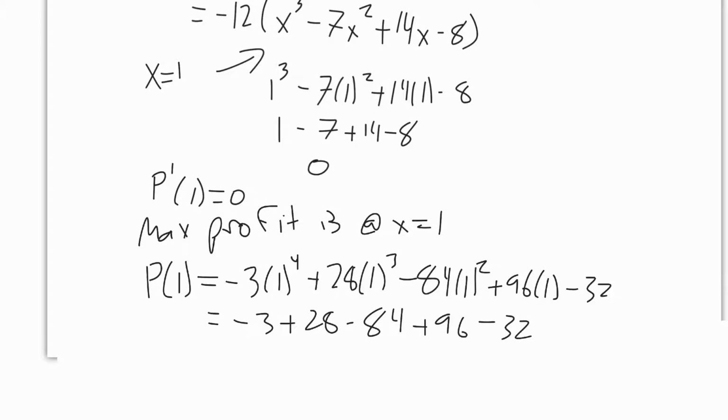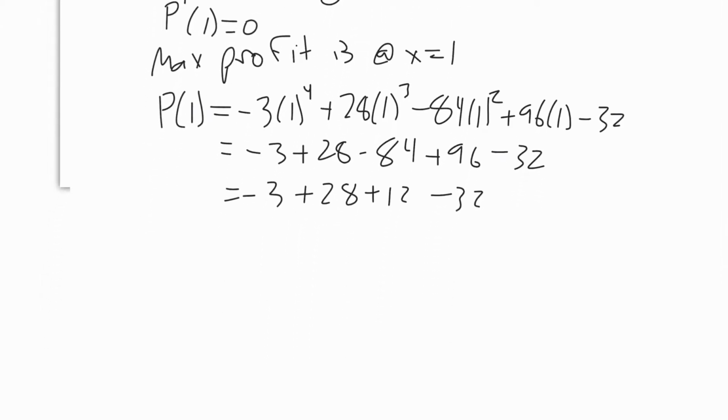Let's work at this 96 and 84 together. That'll give me 12. So negative 3 plus 28 plus 12 minus 32. Now positive 28 and positive 12, that'll be positive 40. And so we get 5.